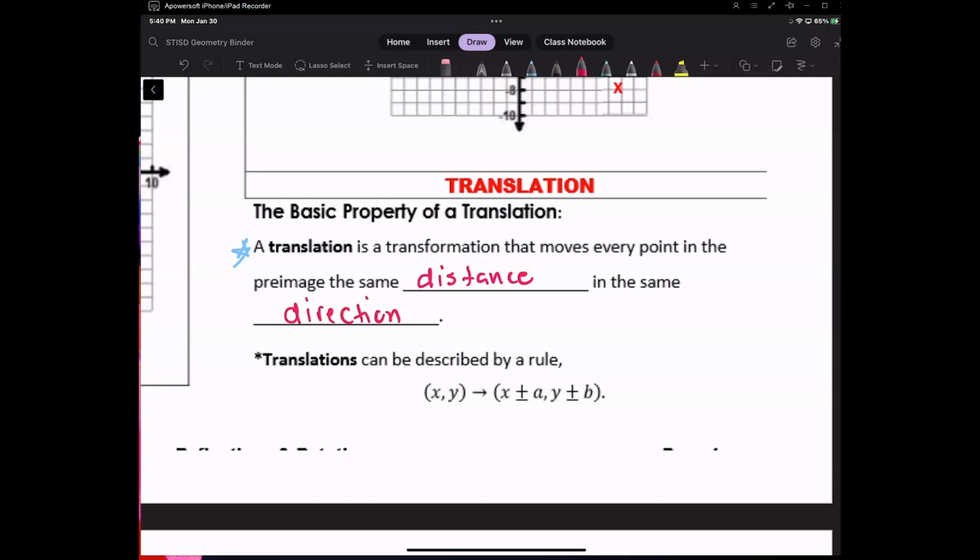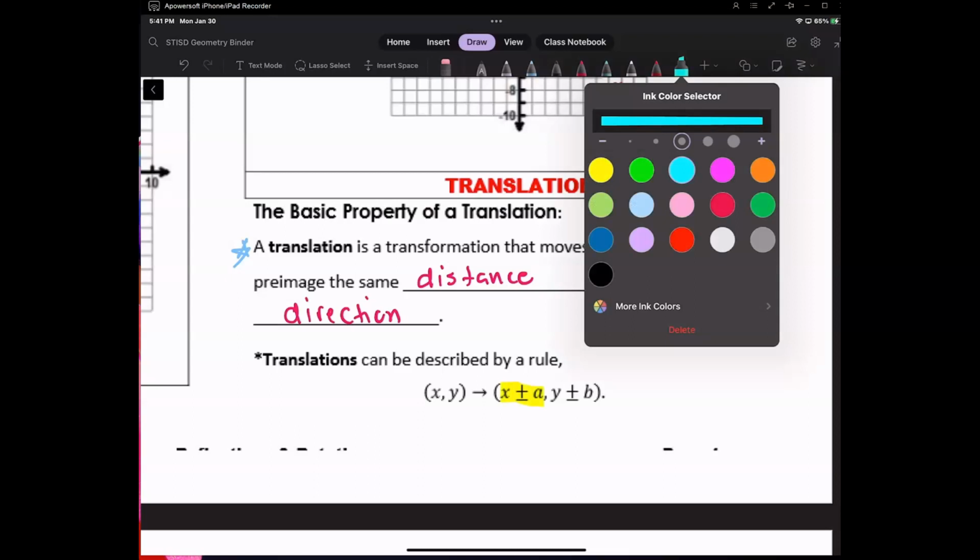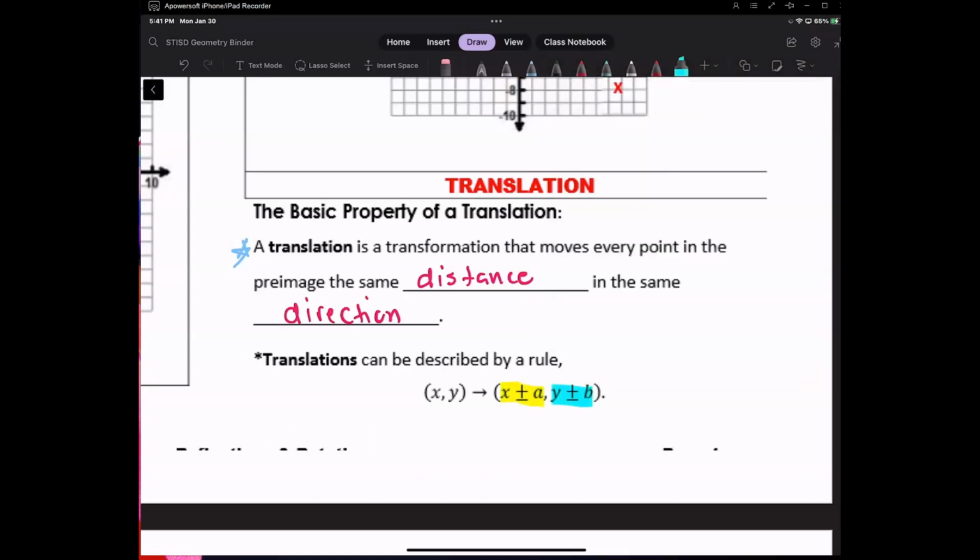And if you notice, I have x plus or minus a, and I have y plus or minus b. The a is affecting the x value, so it's going to move the image left or right. The b is affecting the y, so it's going to either move it up or down.